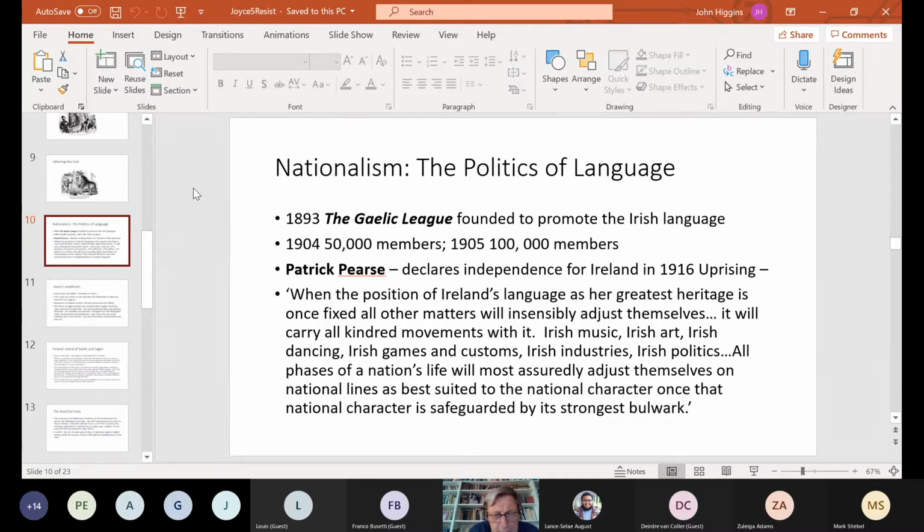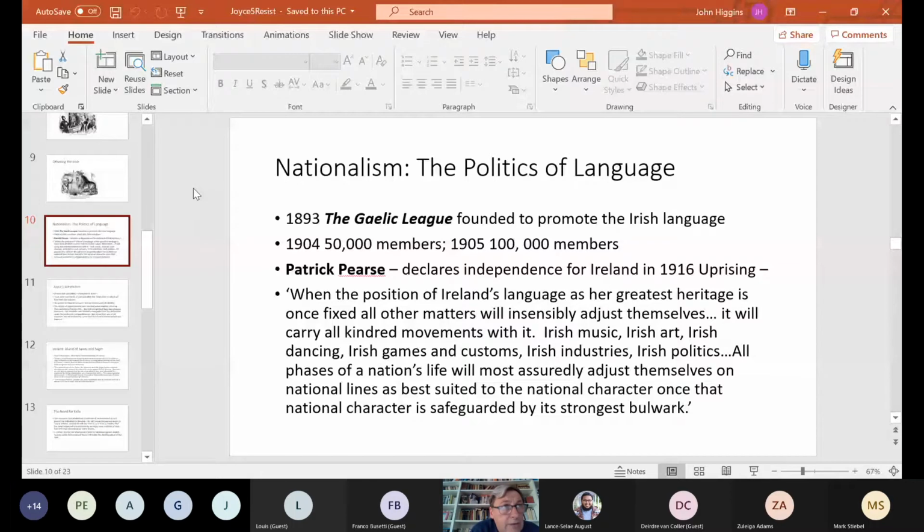By 1904, it had 50,000 members, and one year later, that membership had doubled to 100,000, surely showing the rise in a patriotic national consciousness on the part of the Irish, and the attempt to find an authentic Irish identity rooted in the Irish language, which its members promoted, as around them in Ireland the language was beginning to decline and die away, as it had been doing for quite some time.